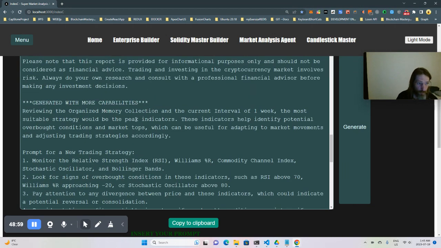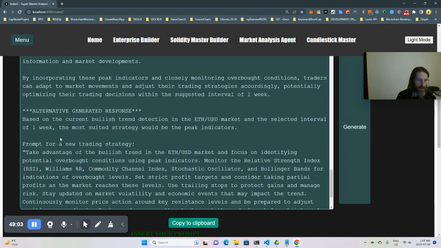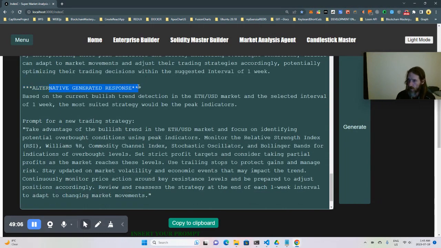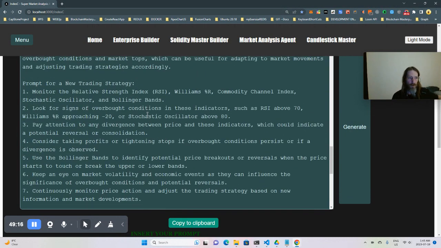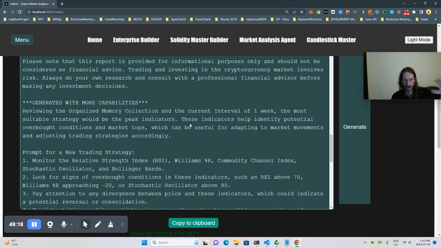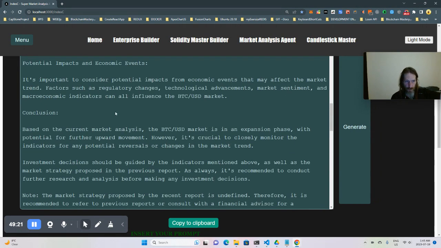So I got these two generated with more capabilities, and the alternative generated response is the same function in the back. I just trigger it twice. And these are similar strategies according to the last report.